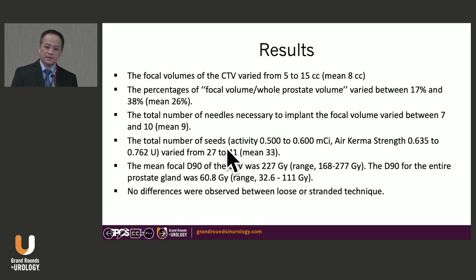As Dr. Stone described, you don't see a dramatic increase in the total number of seeds, because using the seed layout and performing this procedure intraoperatively, you can see how the isodose lines change in real time. So that's really helpful.